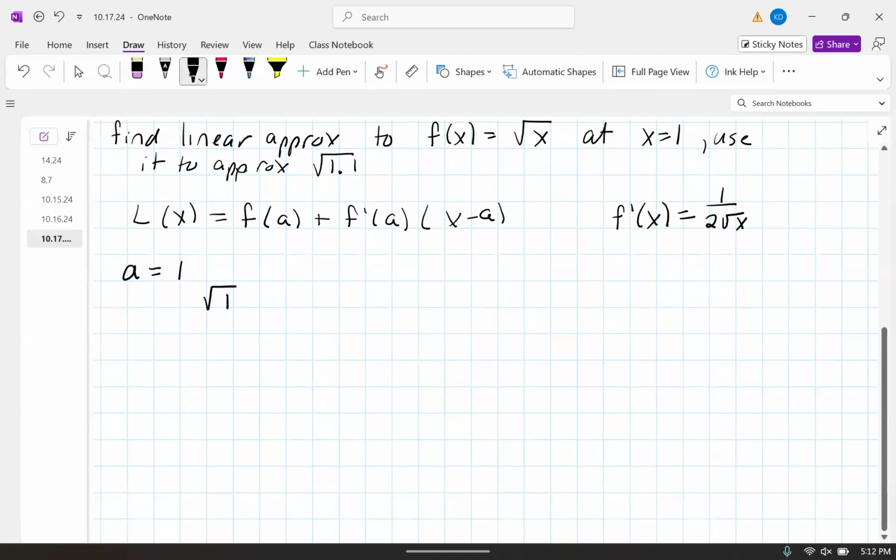So root x of 1 plus f prime, which is this guy here, to square root 1 times our x value, they give us this backwards, our 1.1 minus, we're going to use a equals 1. Make it a little nicer.